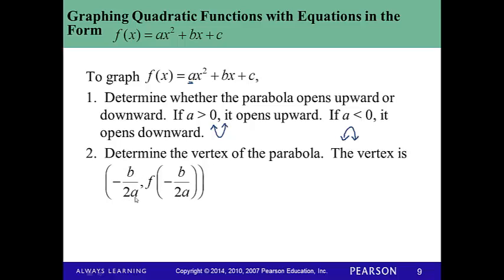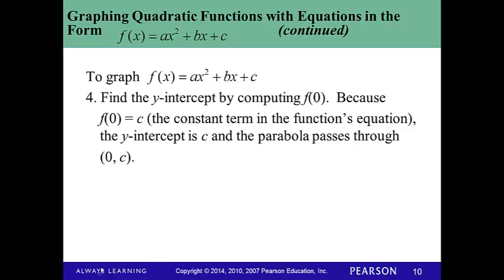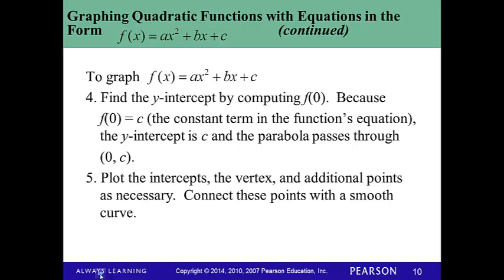Once you have the x-coordinate, plug it back into the function to find the y. Step 3, find any x-intercept by solving f of x equals 0. Step 4, find the y-intercept by computing f of 0. And then step 5 will be to plot and connect the points and use additional points if you need to.